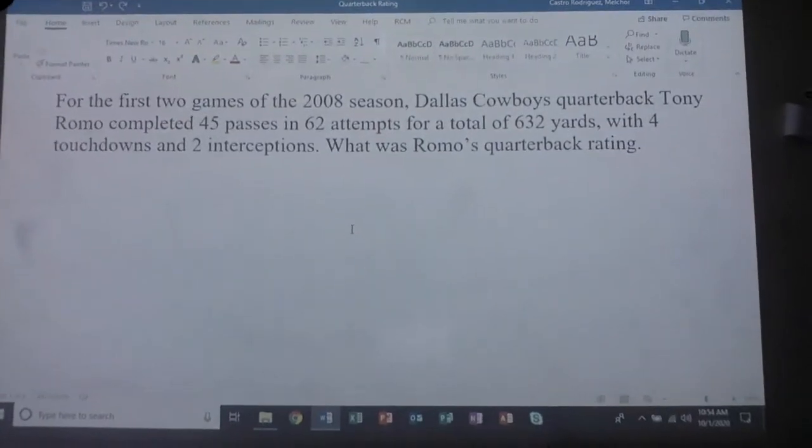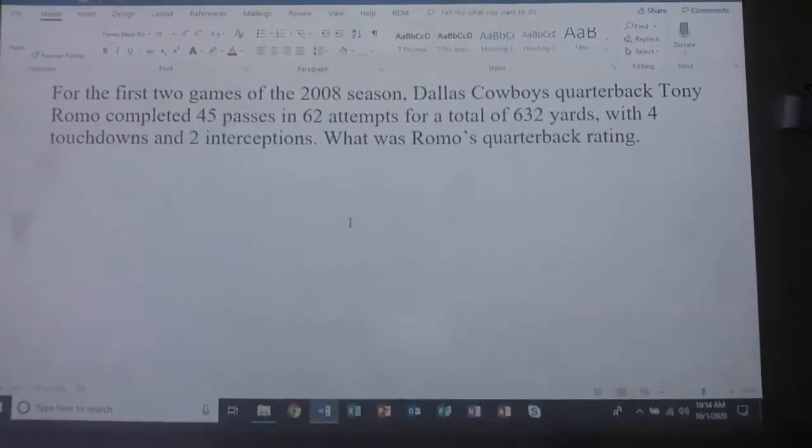If you went over my lesson with a slugging average, you notice that I did a list on the side. I will do the same thing here. So in the meantime, read the problem.